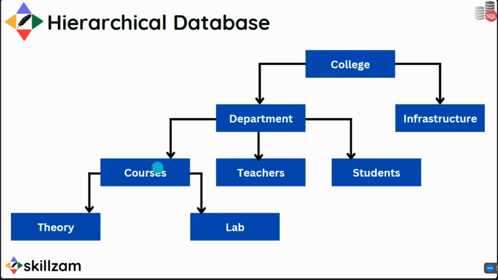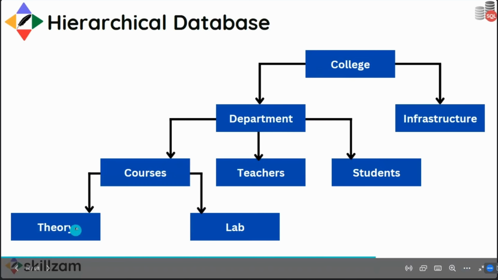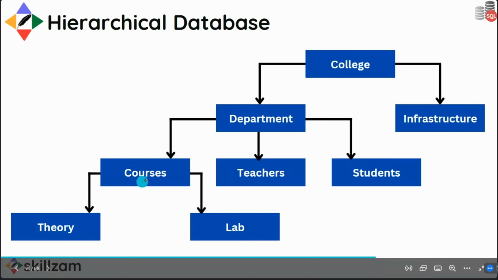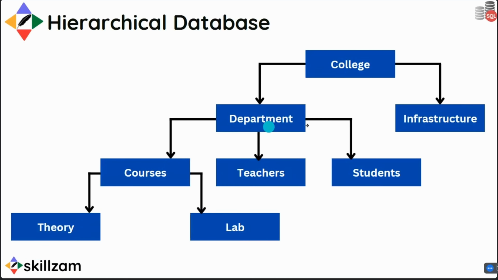And again, the courses can have a theoretical part as well as a practical part in the labs. All right. Now, if you observe, a parent is having multiple children, but no child is having more than one parent. Okay. Theory is having one parent, which is course. Teachers is having one parent, which is department. Department is having one parent, which is college. So that is a hierarchical database representation.